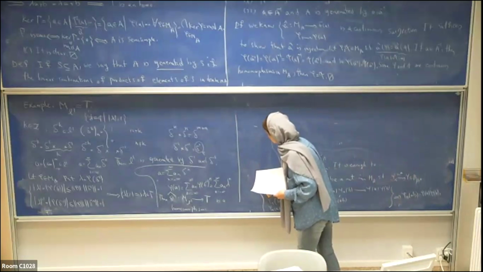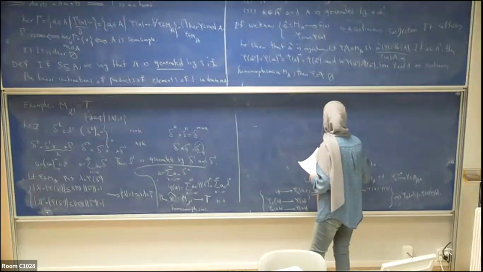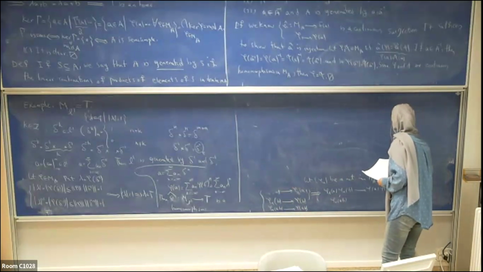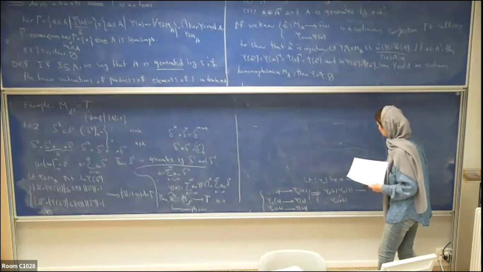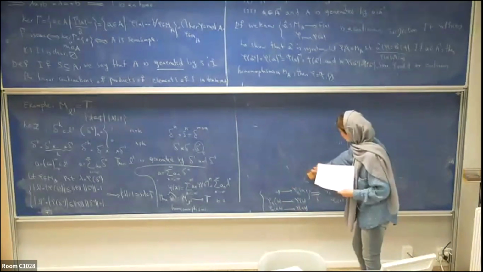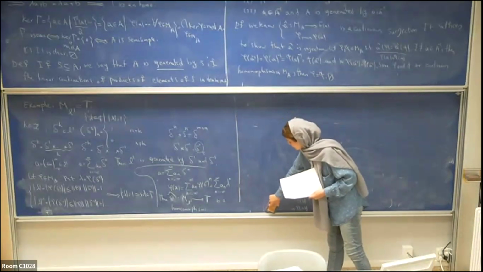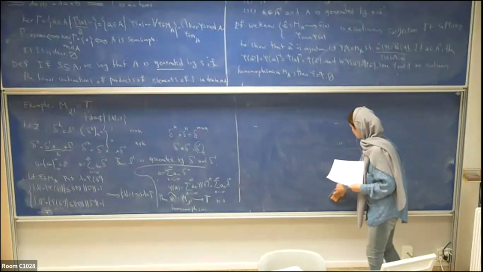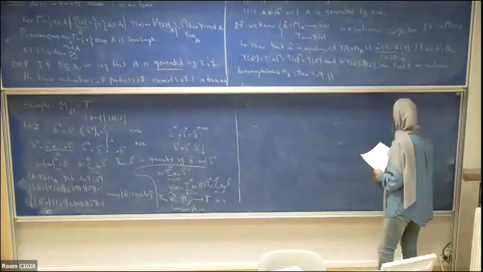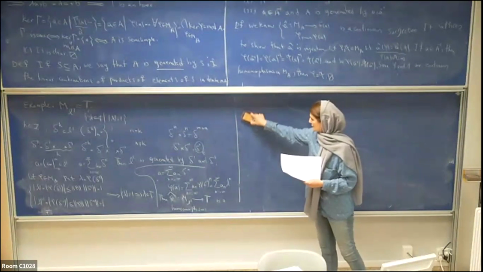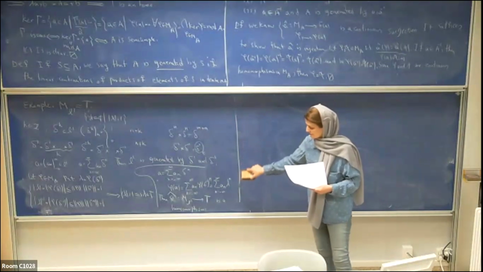And from this example, we can obtain a nice result in Fourier algebras. I like to mention it here because we can obtain it by this characterization of maximal ideal space of L1 and also the second star theorem I just said at the beginning of the class.